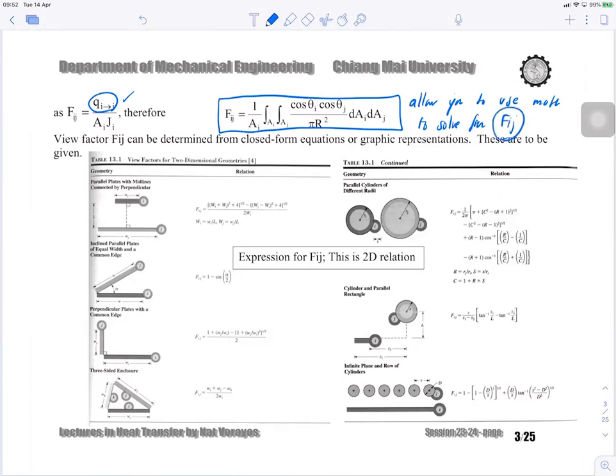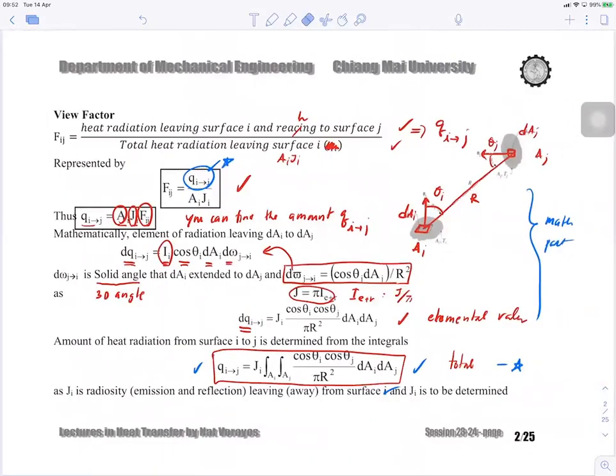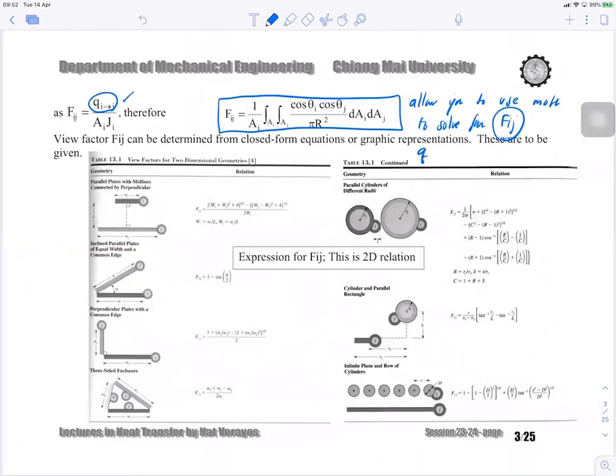Why is Fij important? Take a look at this equation. If you know Fij, you can find the Qij. That's our intention.